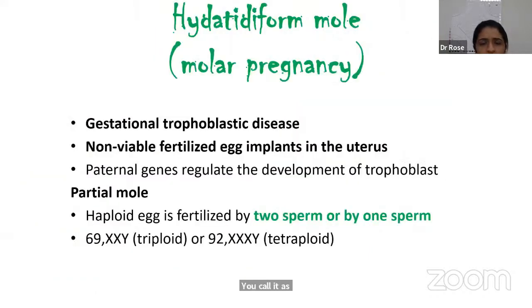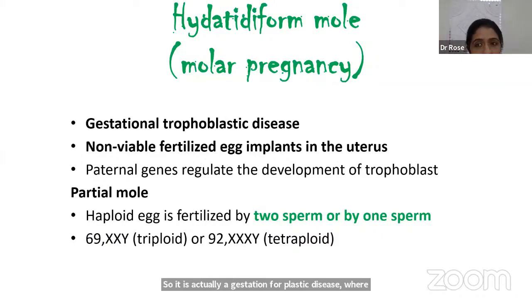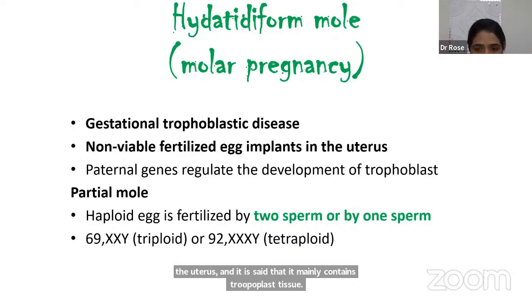Now, something about hydatidiform mole or molar pregnancy. It is a gestational trophoblastic disease where the fertilized egg is not viable, but it still gets implanted in the uterus. And it is said that it mainly contains trophoblast tissue. That is again an MCQ: which is the tissue present in the hydatidiform mole or vesicular mole?